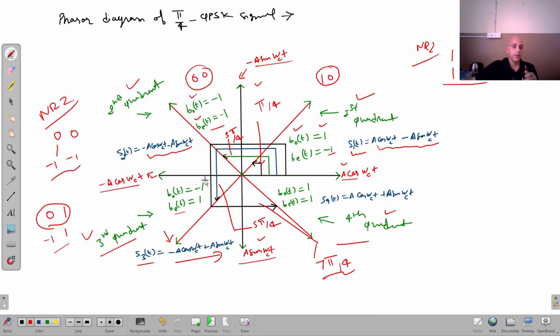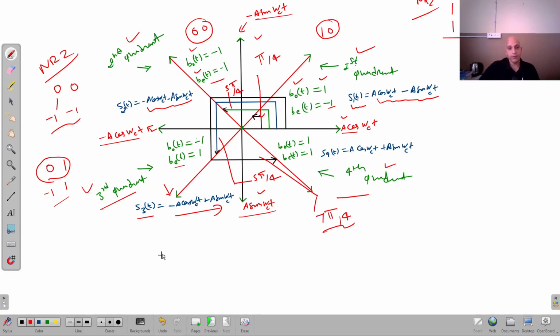So this is about the working of the pi by 4 QPSK M-ary modulation technique. We have seen how this pi by 4 QPSK works and how a phase difference of 90 degrees is induced between the different symbols. As far as the advantages of the M-ary modulation technique are concerned, the main advantage is to reduce the requirement of bandwidth.